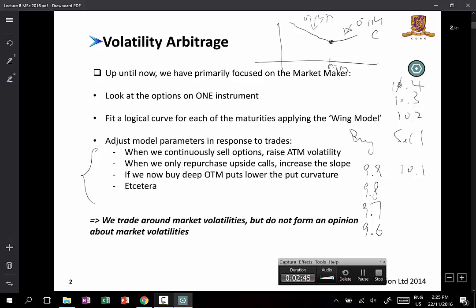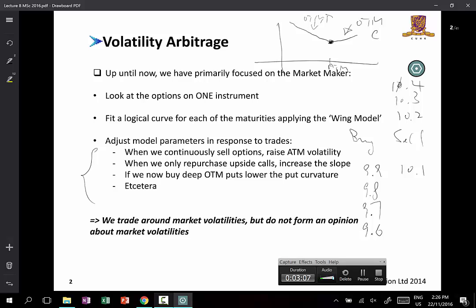So if you continue to sell at this point, the more you sell, the next time round, you're saying, I already sold so much, if you want me to sell more, I'm going to raise my price. Or if you want me to buy more, I'm going to lower my bid price.